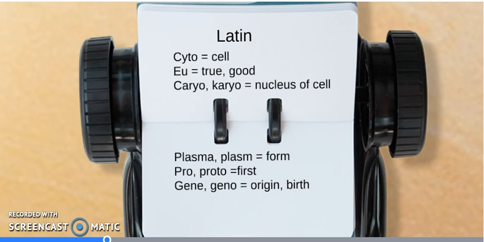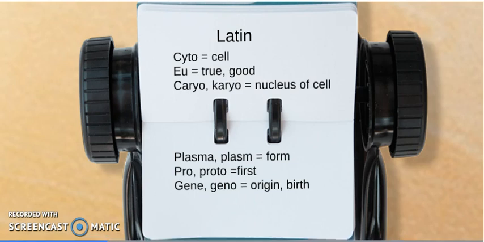Eukaryote, you see the karyo below as a nucleus of a cell, so it's a good nucleus of a cell. You'll see the difference in a diagram in a few minutes, what we mean about a good nucleus. Plasma or plasm is form. So when you see cytoplasm, you're seeing cell form. What is the fluid around that holds the forms in place?